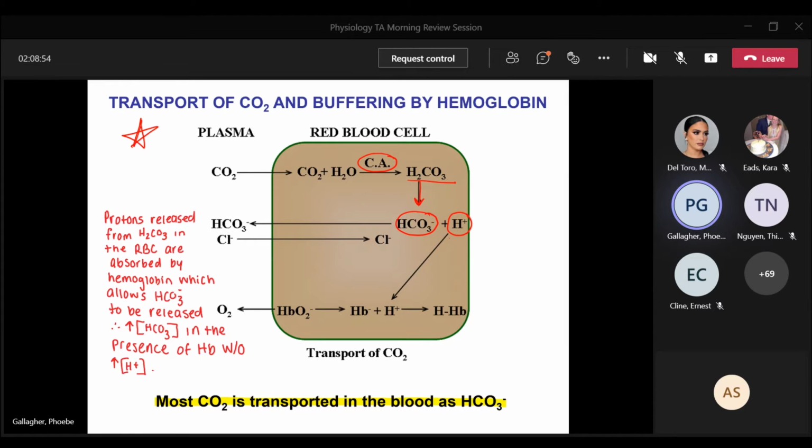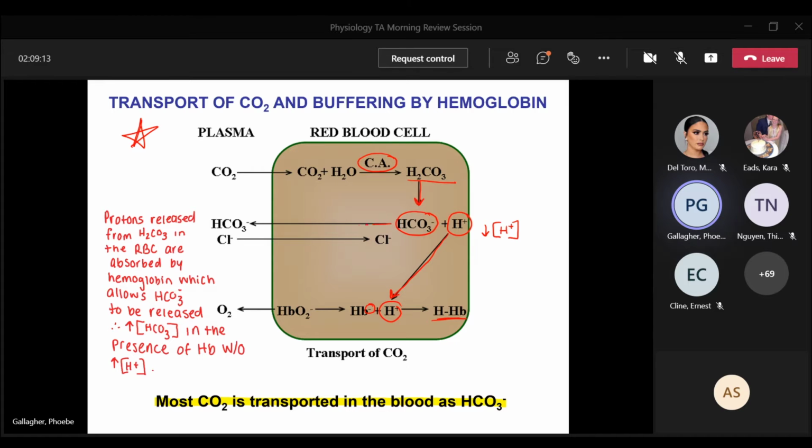So the cool thing about this is that hemoglobin has a negative charge. So it is able to pick up extra protons and sequester them so that your proton concentration will be decreased because it's getting picked up and absorbed by this hemoglobin protein.